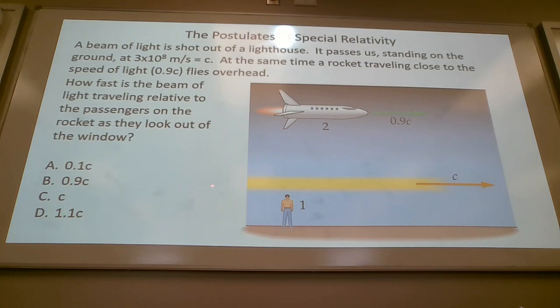And we're going to shine a light out of a lighthouse. We're going to do the same question. From this person, us on the ground, we look at this going, whoa, that's going fast, like 2 times 10 to the 8th meters a second. We clocked it. Radar gunned it. And we see light going past us at 3 times 10 to the 8th meters a second. No surprise there.